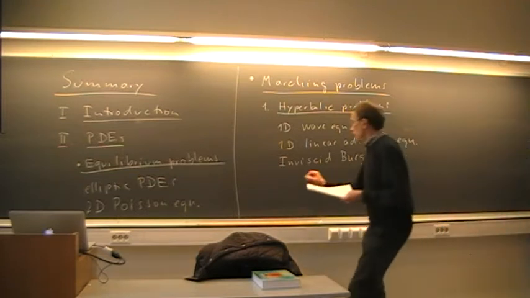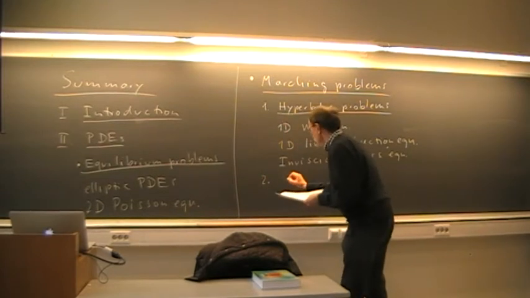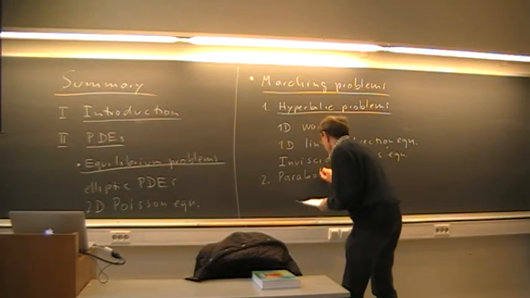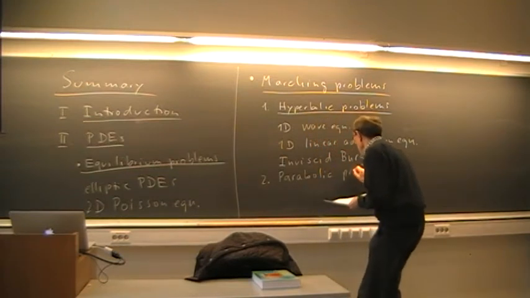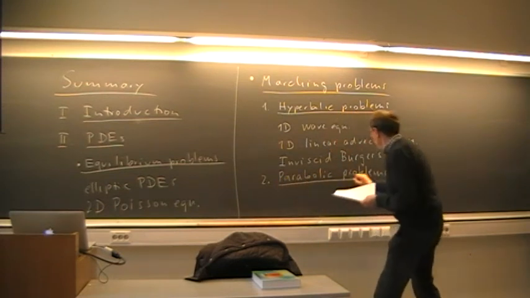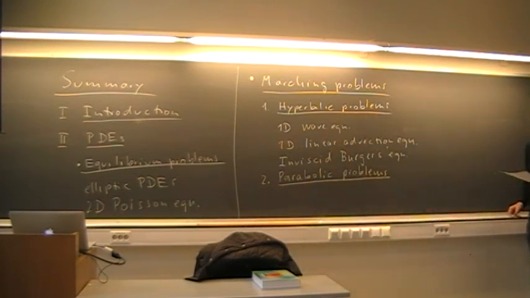The second class of marching problems of PDEs is parabolic problems, parabolic PDEs. There, as the heading says, it's also a marching problem. And there we have in space to give boundary conditions at all boundaries.